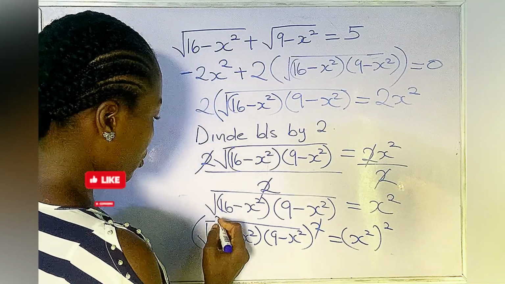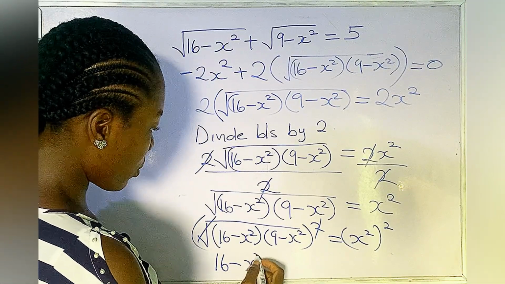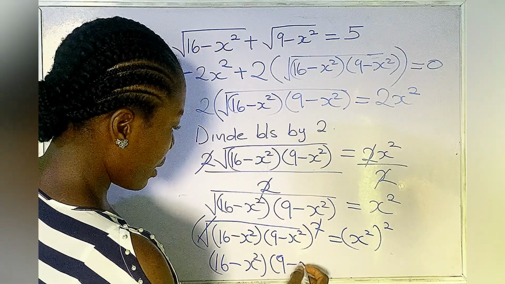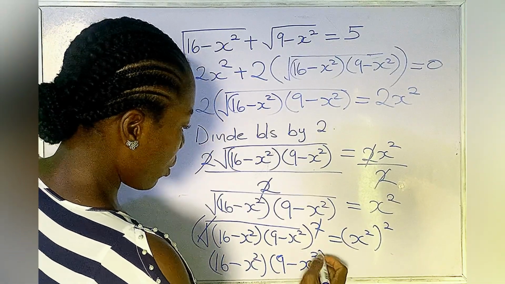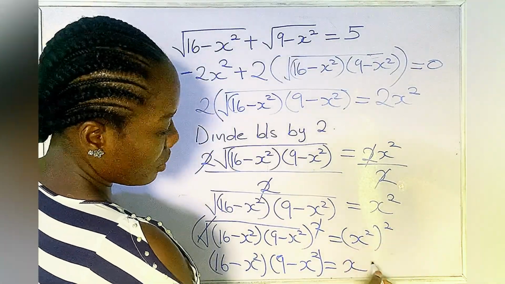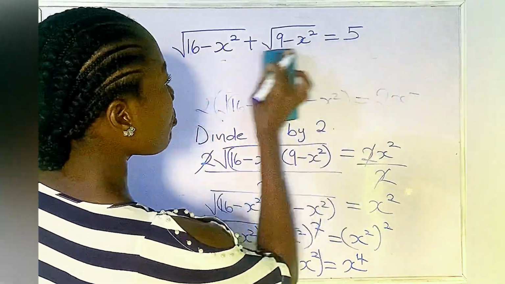So the square cancels the root. We now have (16 minus x squared)(9 minus x squared) is equal to x to the power of 4, since x squared squared gives x to the power of 4. All right, let's continue.